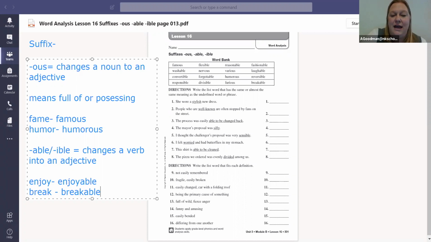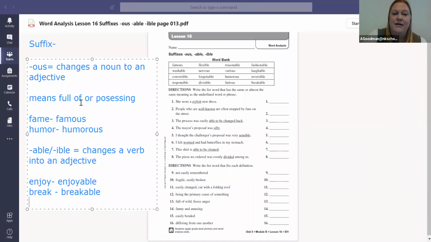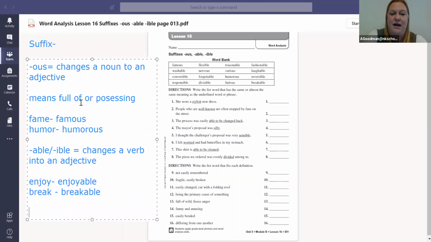So ible, which really sounds the same, also changes a verb into an adjective. Who knows why you add able or why you add ible. I did notice when I was looking this up that a lot of the roots with ible are not words you would use normally.